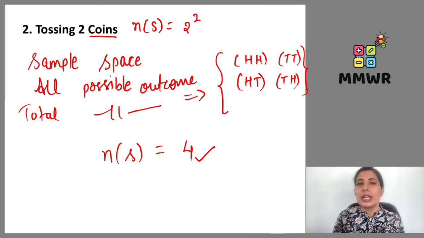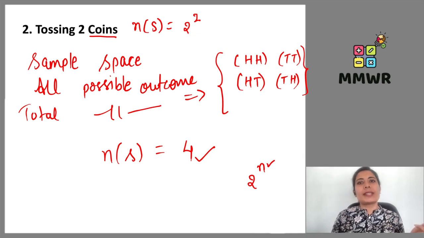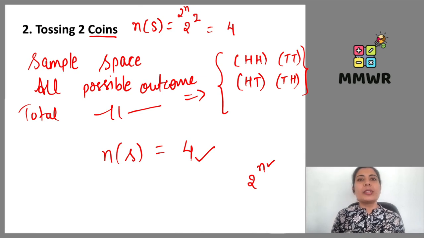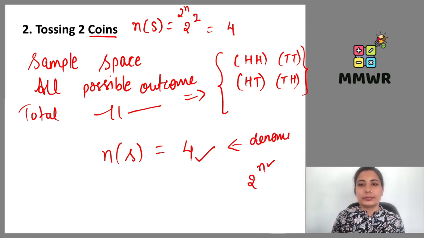We have used 2 coins. So if we are tossing only one coin, in place of n we will be writing 1. If we are tossing 2 coins together, we will be writing 2 to the power 2, which gives me 2 square, that means 4. So total possible outcomes will be 4, which is going to fix the value for the denominator.